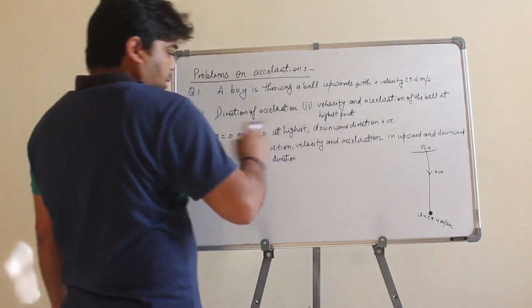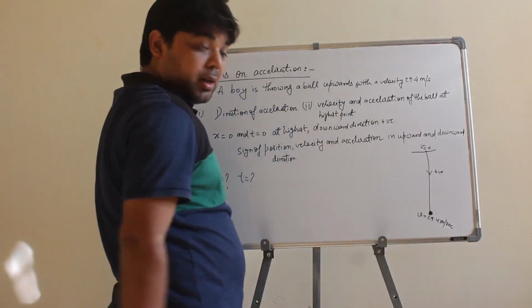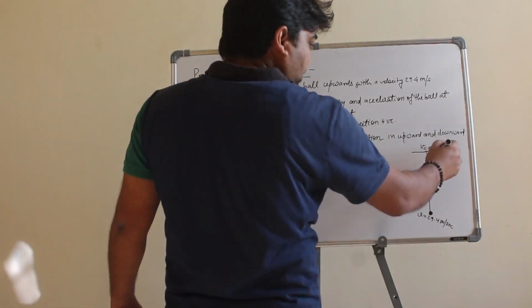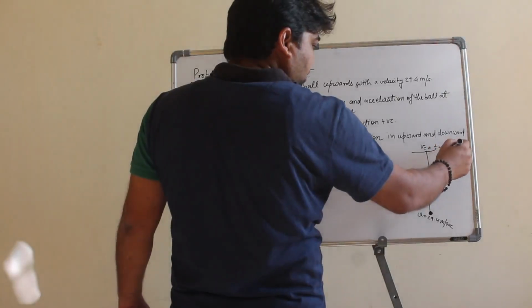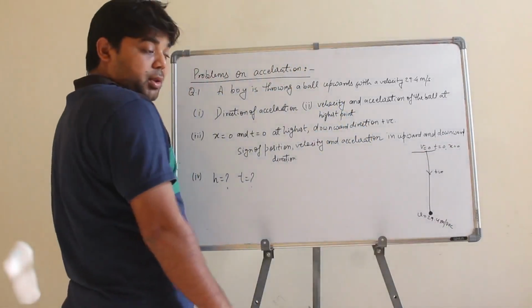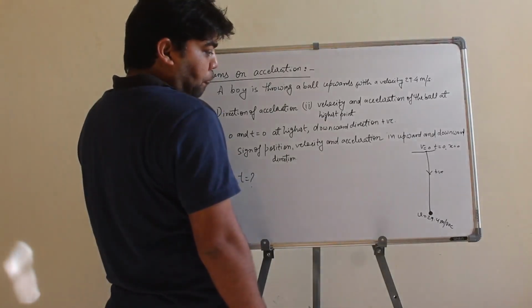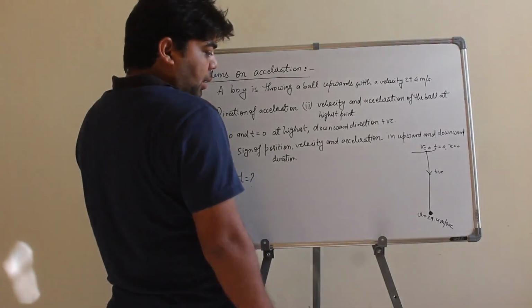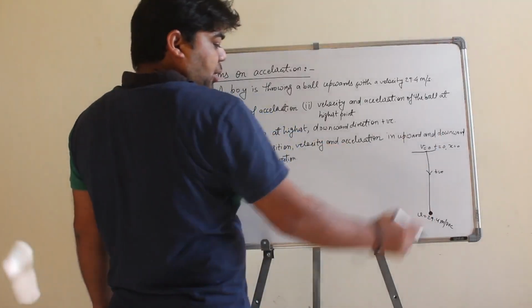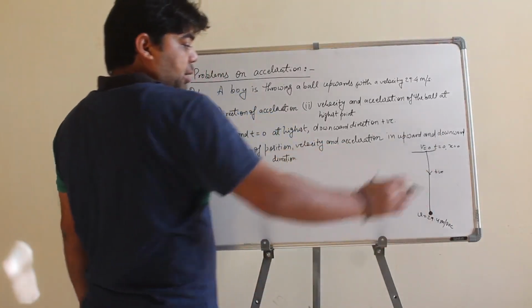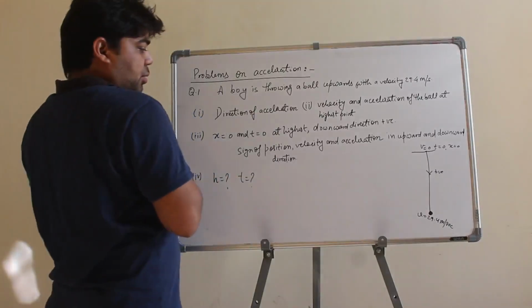So v equals 0 and t equals 0. But v is the final velocity and u is the initial velocity, remember that. It is going up and coming back; how much time it takes and what height it reaches. So let us go one by one.